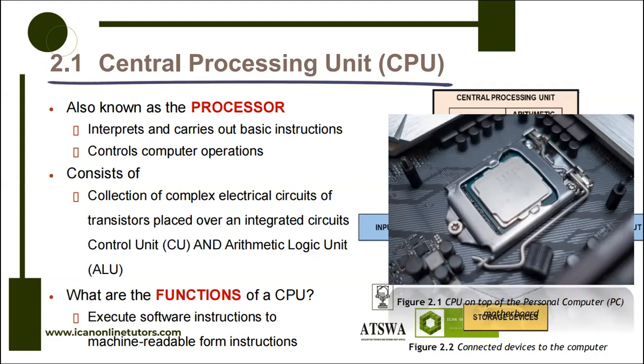While the human brain is made up of neurons, cells, and a bit of electrical circuits too, for a computer it is actually collections of complex electrical circuits of transistors placed over an integrated circuit, with control unit and arithmetic logic units.